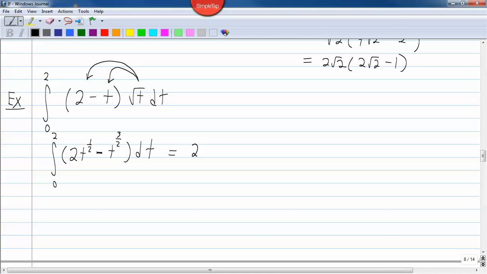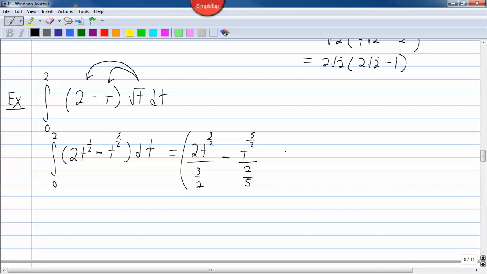You have a 2 in front, so this is going to be t to the 3/2 divided by 3/2 minus, add 1 to this power and divide by the new power. So that's going to be t to the 5/2 divided by 5/2.